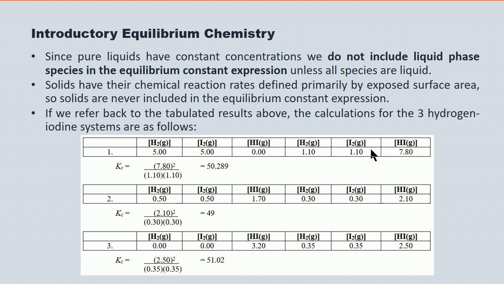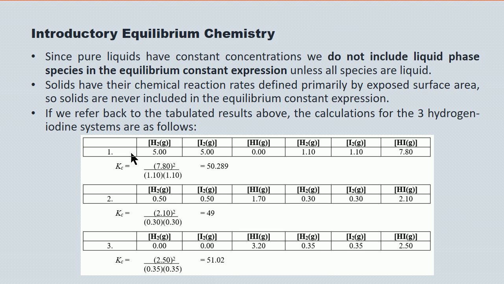In trial 1, if we plug those equilibrium concentrations into our Kc expression, we get a value just a little over 50. In trial 2, we get a value of 49. And in trial 3, we get a value a little over 51.